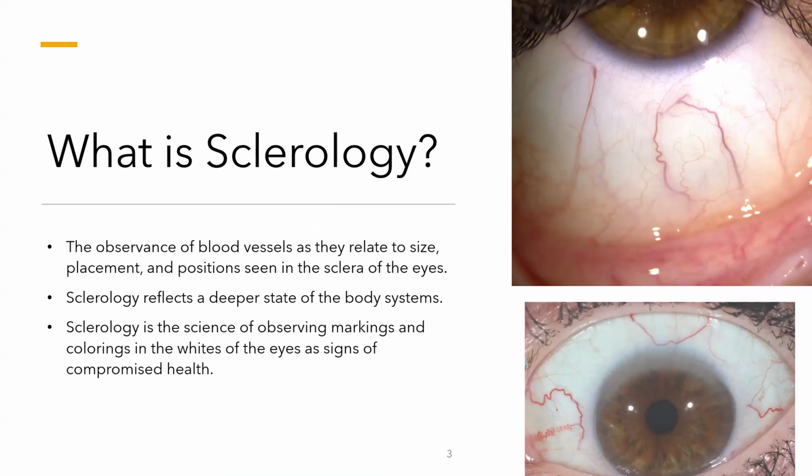So no matter how deep we get into sclerology, I never, ever, ever want you to feel like I'm diminishing the 10 signs that we learned in level 1 and level 2 iridology, because we were shown basically where that sclera vessel ends. And that is of great importance as well.